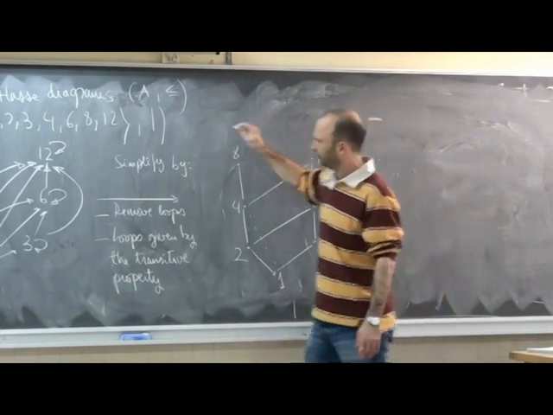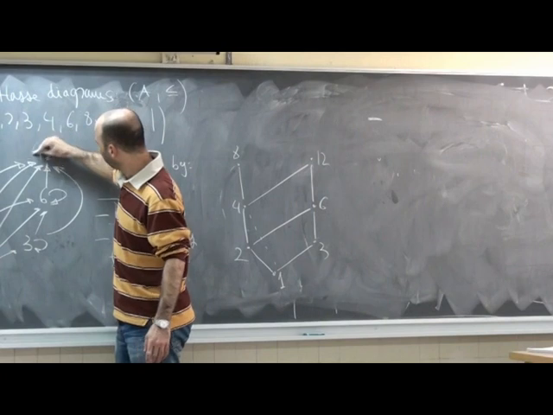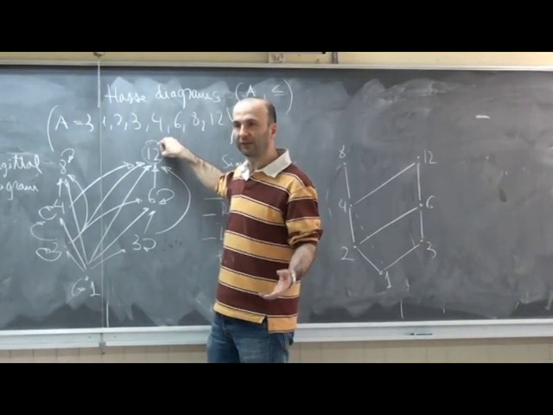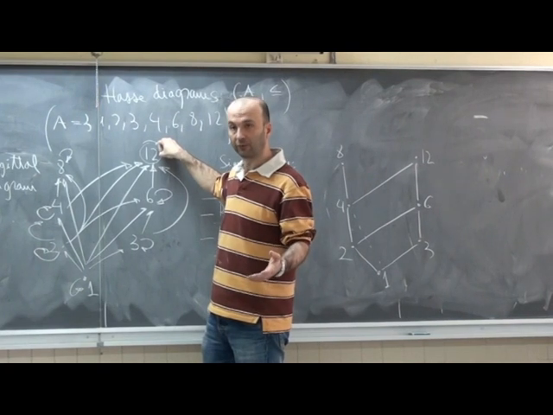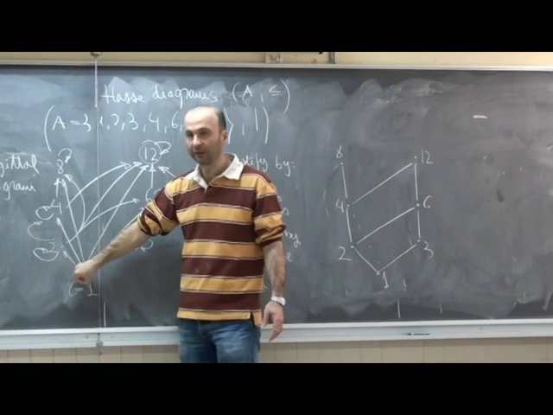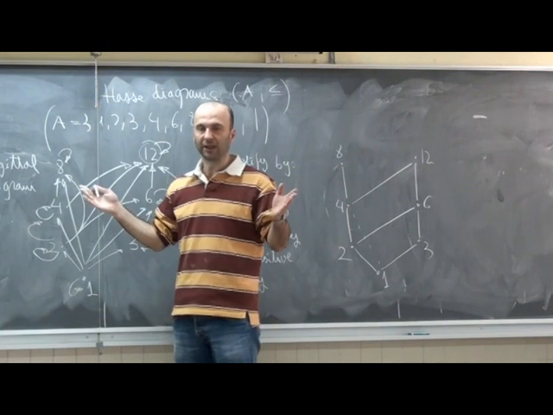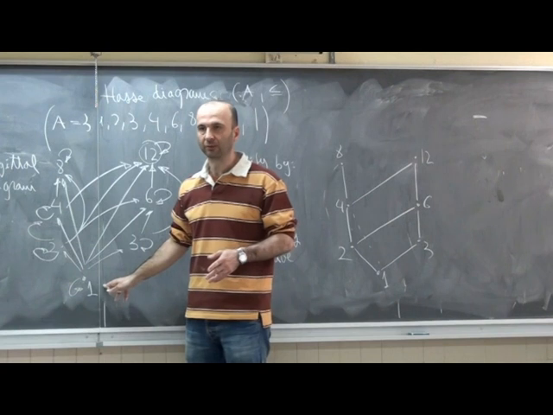Right? So, I see, for example, this element here just receives arrows. And this element here is the origin of many arrows, but it doesn't receive any arrow.